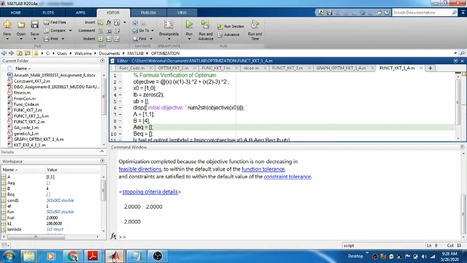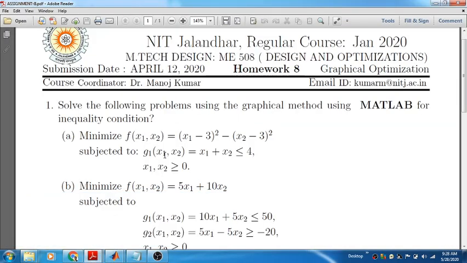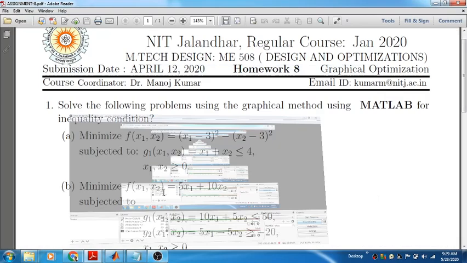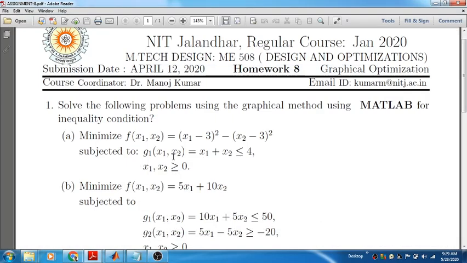So I have a problem. I write here: minimize f(x1, x2) equal to (x1 minus 3) whole square plus (x2 minus 3) whole square.